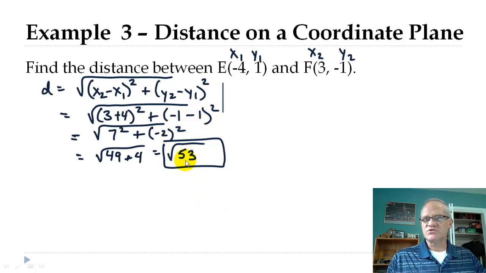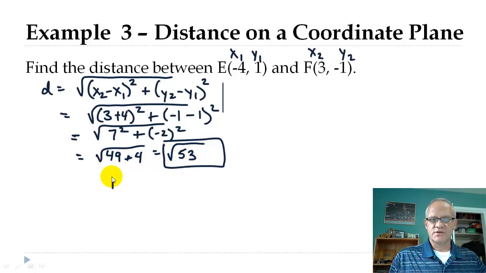Now, just keep in mind, briefly, we'll talk about these square root numbers a lot more later, but that is not a perfect square. You can't break that down, like the square root of 49 is 7, right? 7 times 7 is 49. This is not a perfect square. It doesn't break down perfectly. It's called an irrational number.